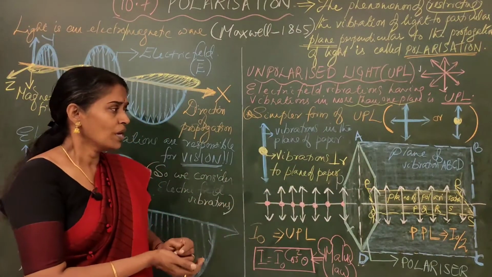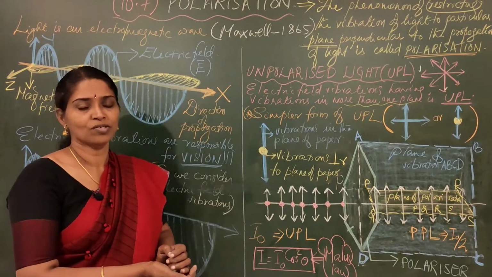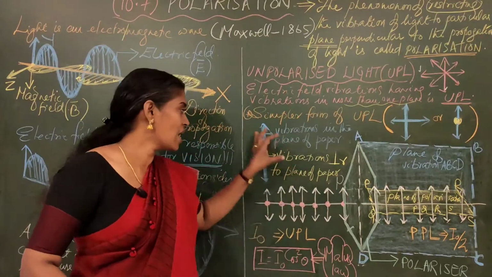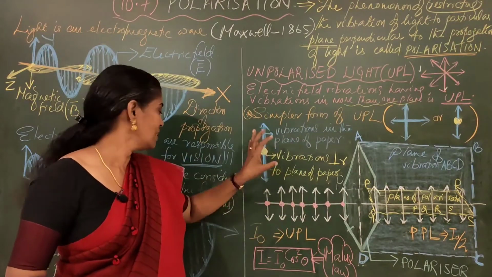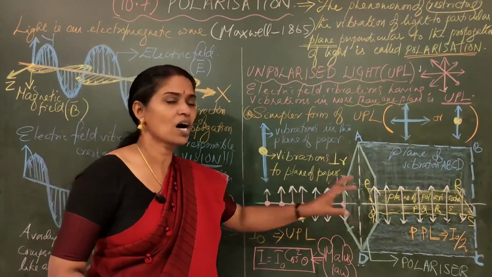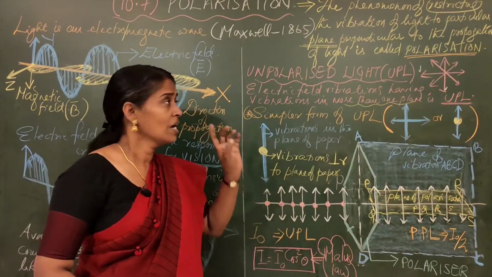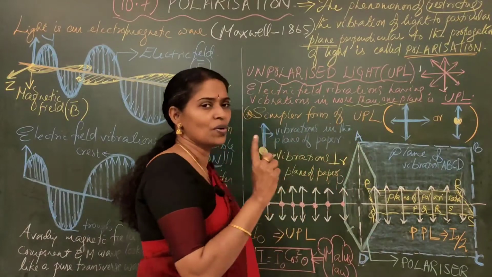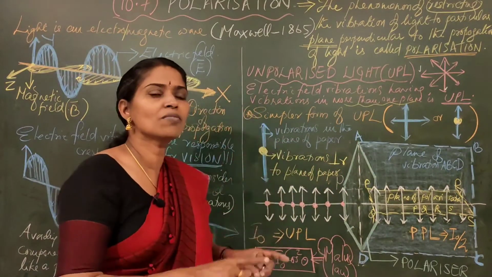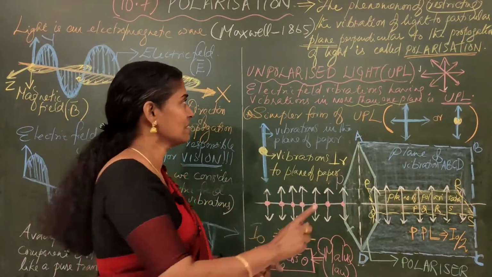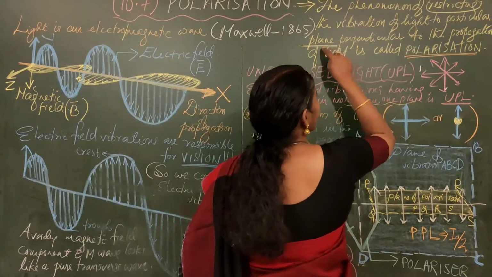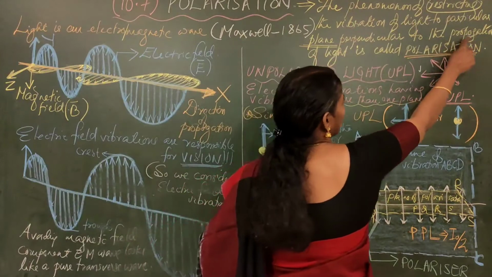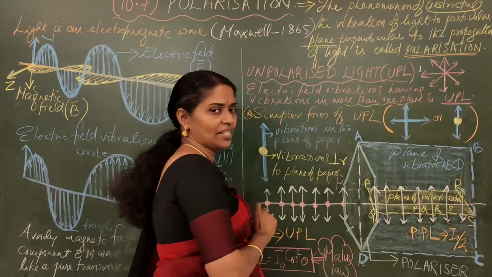Now comes polarization. Once you have understood how to represent unpolarized light, you can easily see how polarization comes. So what is polarization? It is the phenomenon of restricting all possible vibrations of the electric field vectors to a particular plane, and that plane is perpendicular to the propagation of light.